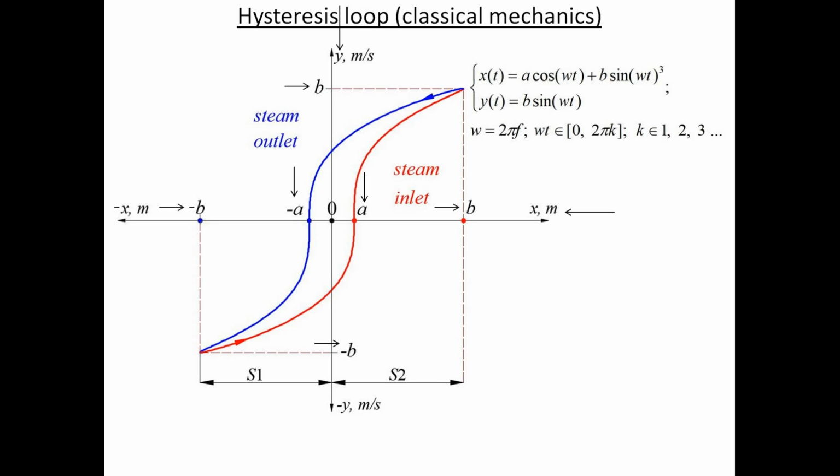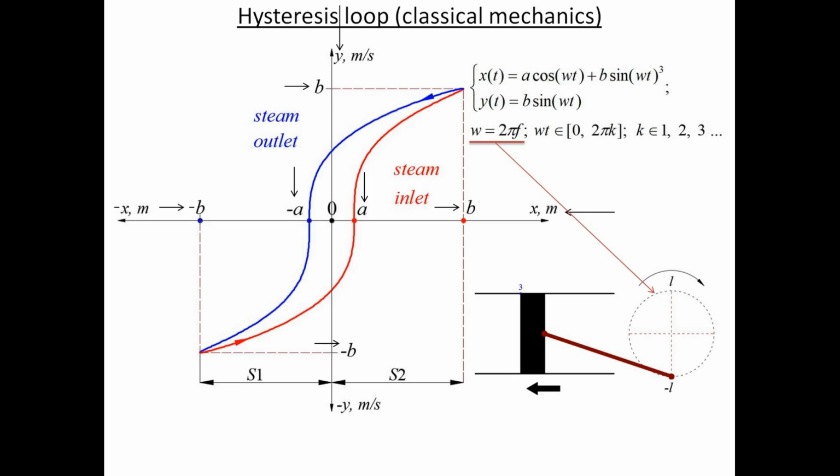The scalars a and b in the generalized function represent function boundaries, where a and b are the maximum values on the x and y axes. The angular velocity w shows periodic rotation of the crankshaft in period time T. With these parameters the hysteresis loop is outlined, showing that it is a trigonometric function similar to the sinusoidal function shown previously, only introducing the x-axis as a distance measurement unit and the y-axis as the velocity of the piston in the internal combustion or steam engine from variable time t.